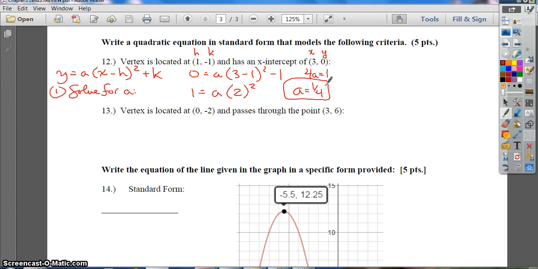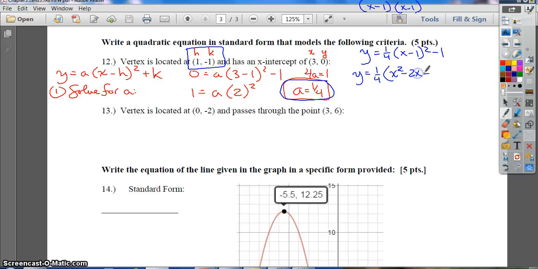All right, so I'm going to use this value for a, and use this for my h and k. So my equation is going to look like 1/4 times (x minus 1) squared minus 1. Now the directions ask us to put it in standard form, so that's my last order of business. When you FOIL (x minus 1) times (x minus 1), you should end up with x squared minus 2x plus 1.